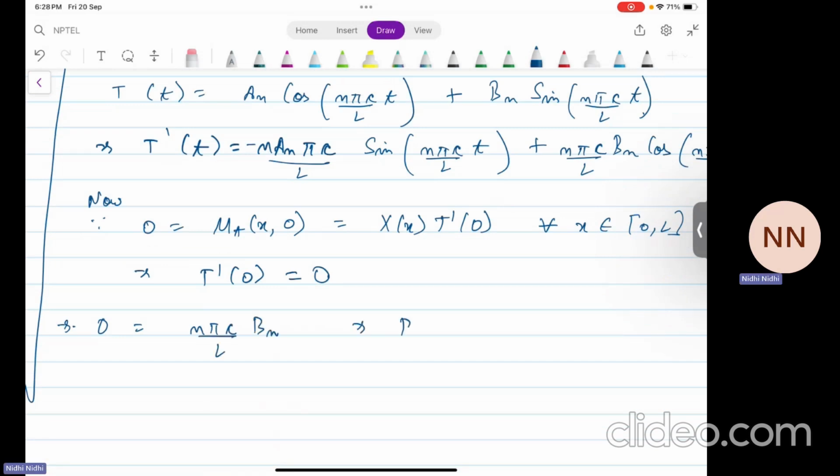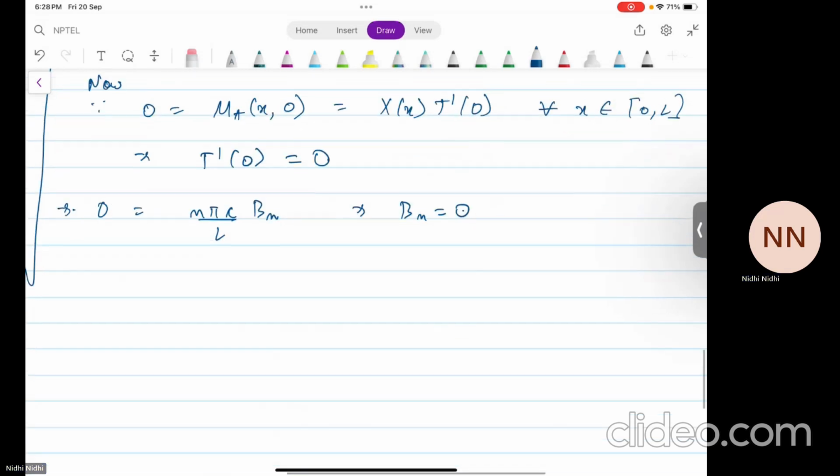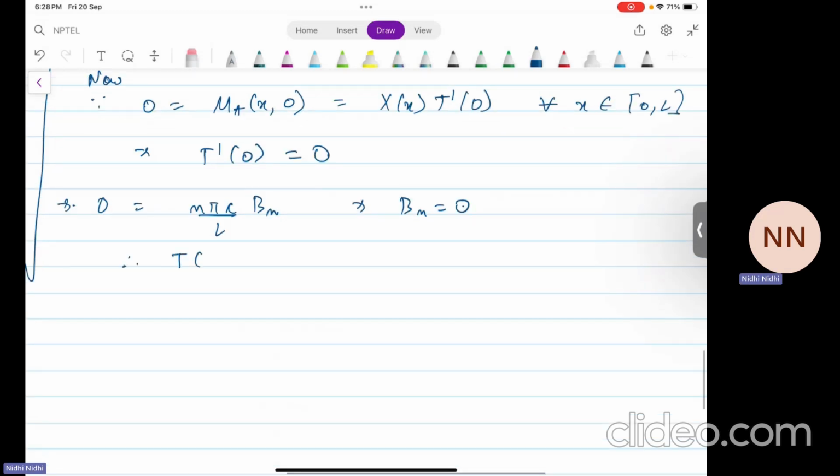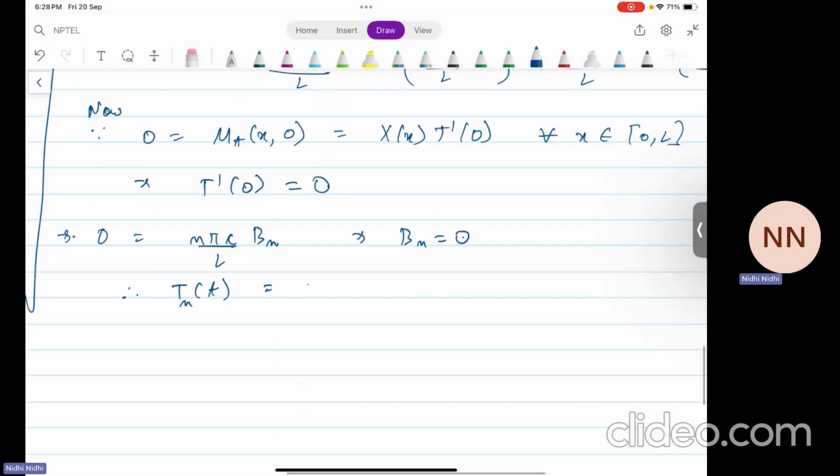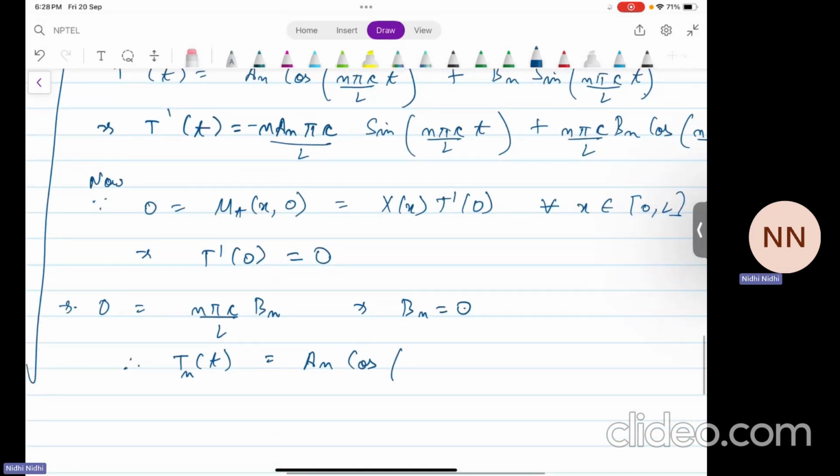This gives us that bn is 0. Therefore, T(t), or we can write it as Tn(t) because it depends on n, is equal to an cos n pi c by L t.